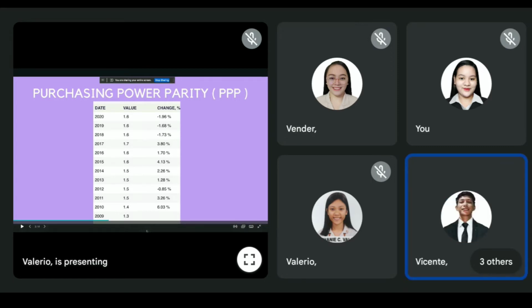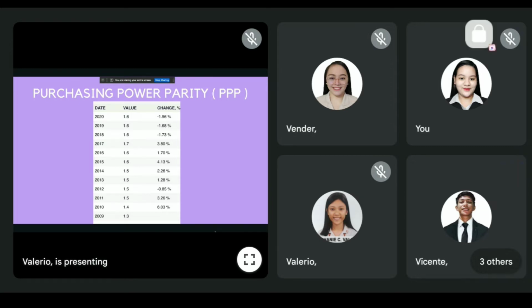Purchasing power parity, or PPP, conversion factor for gross domestic product: 1.6 LCU per international dollar in 2020. In 2020, the purchasing power parity of Malaysia was 1.6 LCU per international dollar.